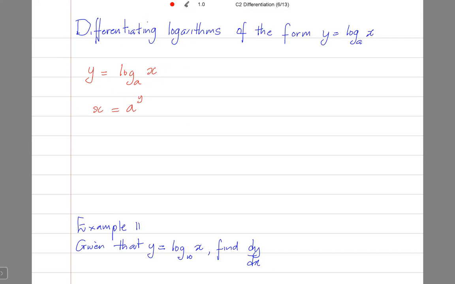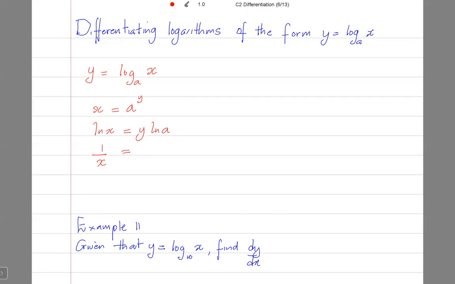Then I'm going to take ln of both sides. So I have ln x is equal to y ln a. I could then differentiate both sides with respect to x. If I differentiate ln x with respect to x, I'm going to get 1 over x.